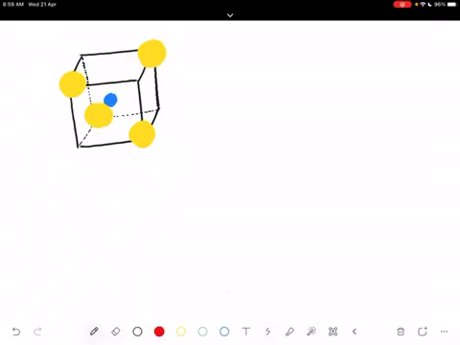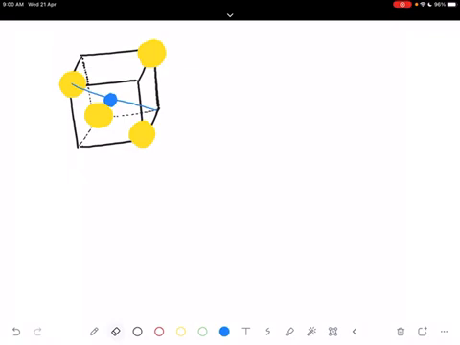Now, what's the relation? For that, you have to draw a face diagonal, from the center of one yellow ball through the blue ball to the opposite corner of that cube, to that yellow ball.